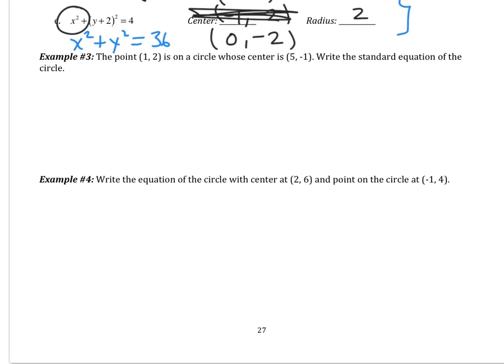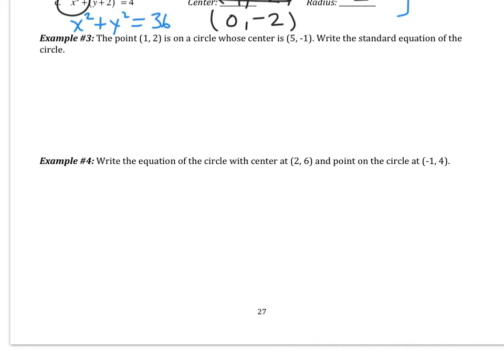In example 3, they're giving you a couple pieces of information that you can use, and your goal is to write the equation. If our standard equation is (x minus h) squared plus (y minus k) squared equal to r squared, what did they give us that we can use?